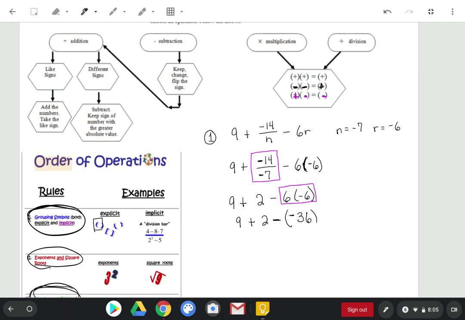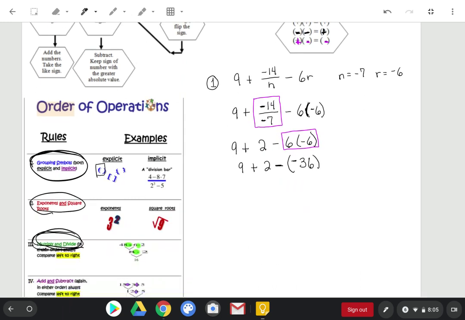And I'm just going to put parentheses around that negative 36 to separate that subtraction and negative sign so that it doesn't look really strange. Okay, so now we're going to see if there is any more multiplication or division, and there is not.